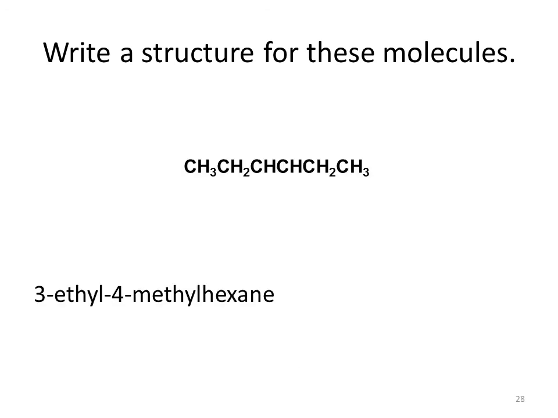On this last structure, I have hexane, so I write 6 carbons in a row. Then I'm going to need on the number 3 carbon and the number 4 carbon a methyl. I check and make sure that all my carbons have the proper number of hydrogens, and then I'm through with this.